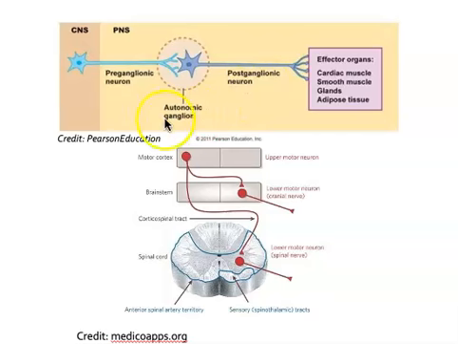The preganglionic neuron has its cell body in the central nervous system, and the axon is going to synapse with a ganglion in the peripheral nervous system, an autonomic ganglion. Then the postganglionic neuron is going to travel off to various effector tissues, smooth muscle, cardiac muscle, glands, and so on.